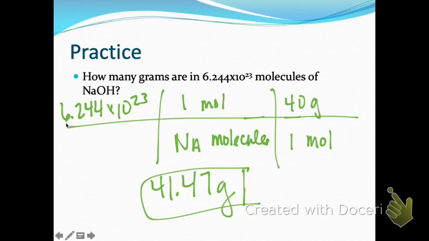I knew that's what I got. 1.56 times 10 to the 23rd. Can we joke say that? I'm only off by about 4.